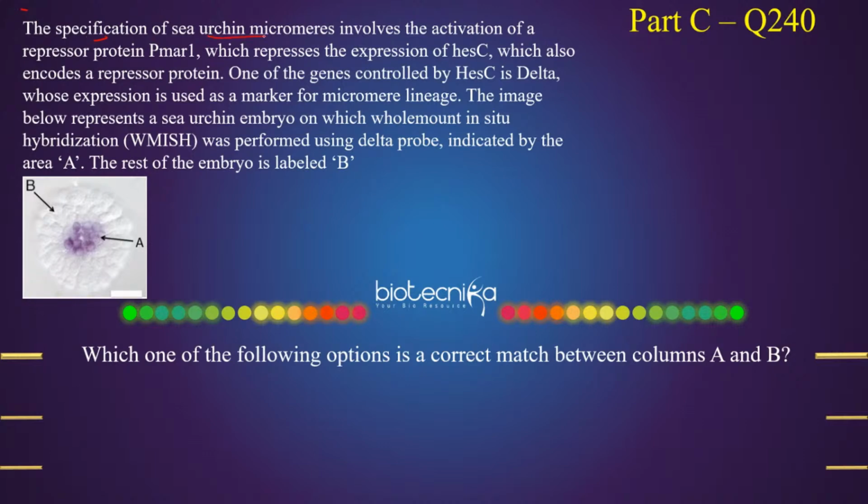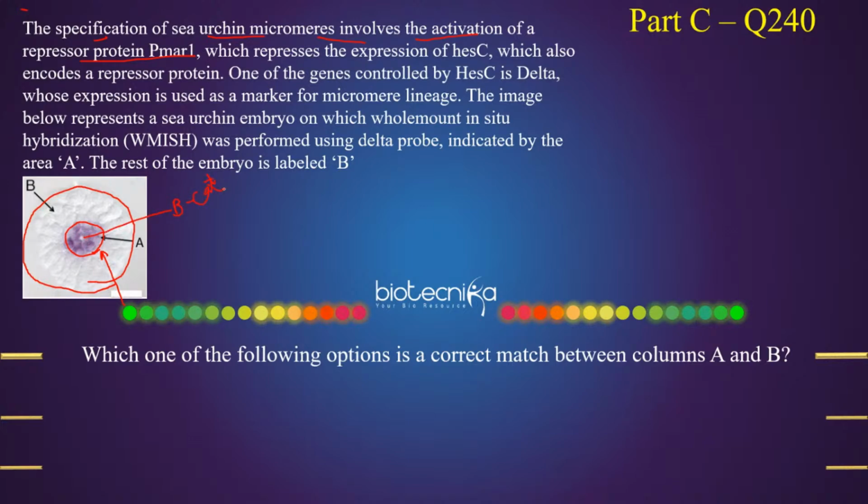The specification of sea urchin micromeres involves the activation of a repressor protein, PMAR. I have just told you about sea urchin in one of the previous questions, also in part B. Basically, this is shown from the bottom. These are micromeres, and in these micromeres we know that beta catenin is expressed.